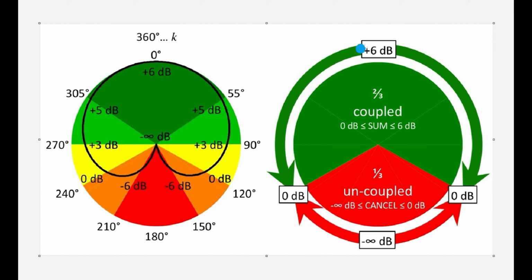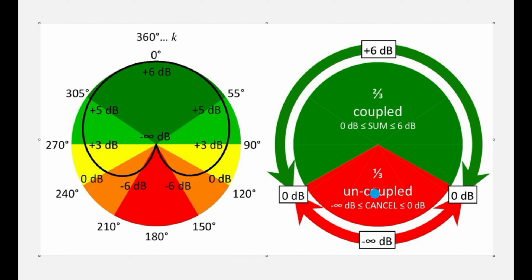And in fact, it's kind of summarised up here on this wheel. What this basically says is you've got 2 out of 3 chances of just taking any 2 speakers and for their speaker response to sum up. There's a 2/3 chance that you will get between 0 dB and a 6 dB gain, just by pure chance, right?